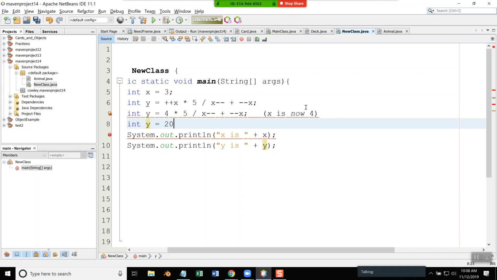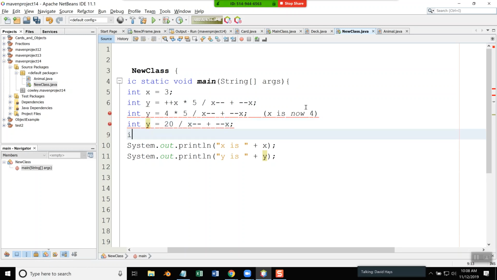Then if it went ahead and did the 20, and I would guess this is still, since the minus minus occurs after, I think that'd still be a 4. But if, order of operations wise, I went ahead and did that, then it now decreases that. X is now 3 again.